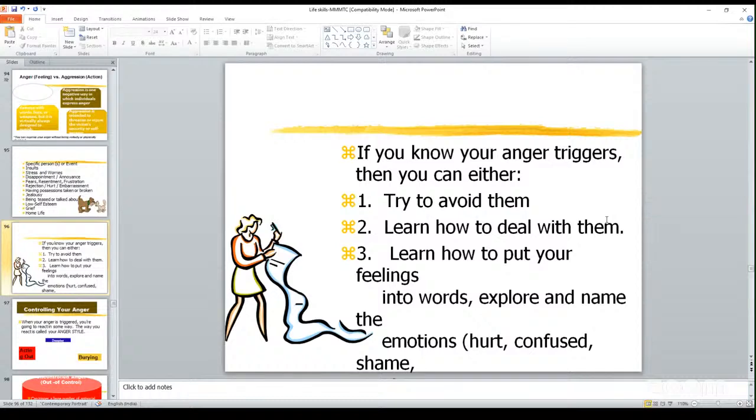At the next level, you should know how to deal with anger, because sometimes you must have seen people, when some people keep on scolding, the other persons keep on smiling. That means they are not angry, but they are managing in a very different way. So you should know how to deal with them. You should know how to put your feelings into words, explore and name the emotions, so that you get to know what exactly you are going to do.